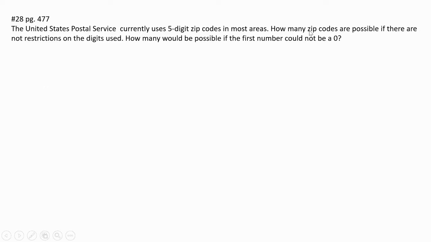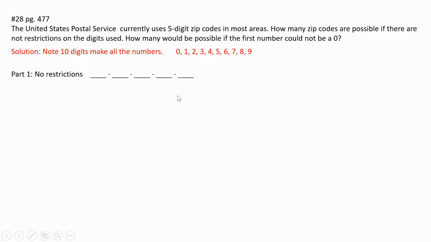Okay, so that's the first part. The second part, how many would be possible if the first number could not be a 0? So solution, 10 digits make all the numbers, right? From 0 to 9 makes all the numbers. These are called the digits. So for part 1, which is how many zip codes are possible if there are no restrictions on the digits used, how many can go in the first slot?